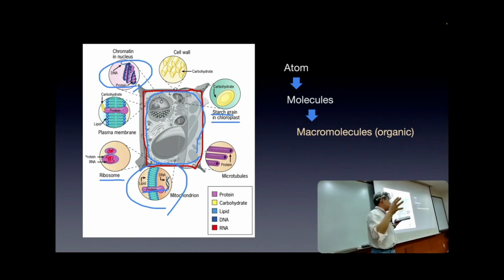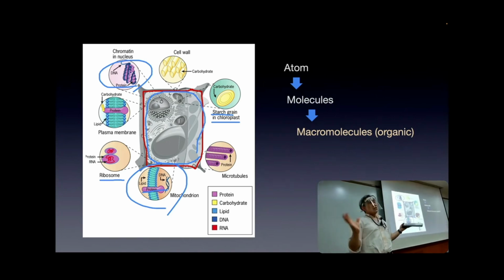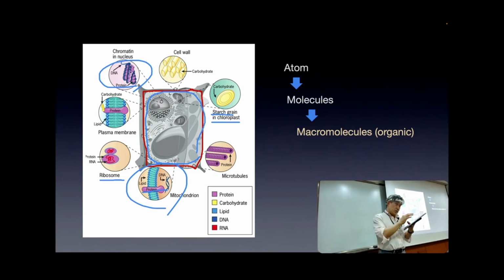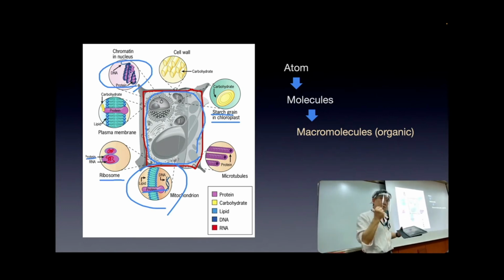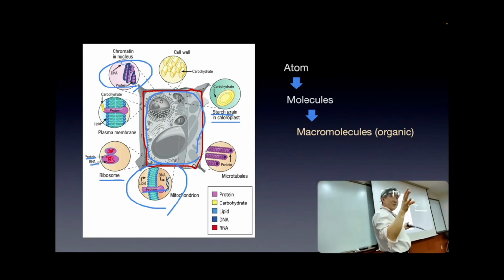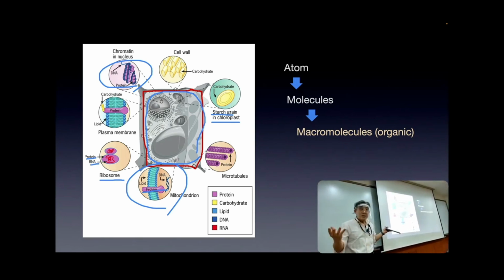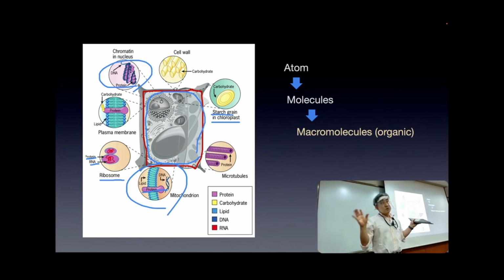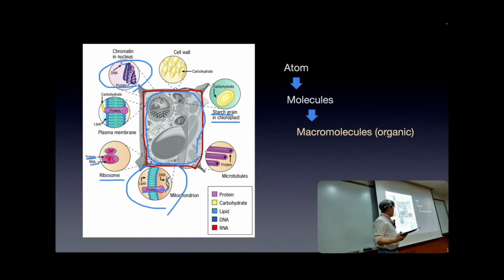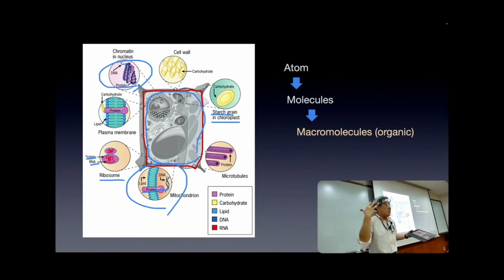But this ribosome itself is a real mixture of different types of macromolecules, which in this case are proteins, a lot of different proteins, plus a particular type of nucleic acid, RNA. Some particular types of RNAs are in there. So that's basically what ribosomes are. If you know exactly what kind of proteins and what kind of RNAs make up this ribosome, then we can better understand their function, and then we can have better control.